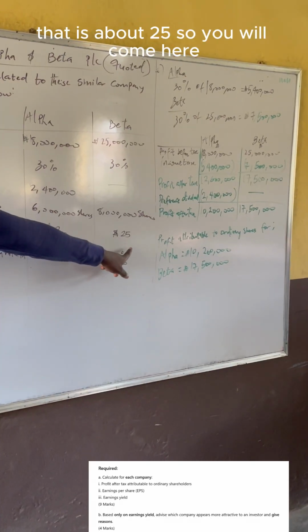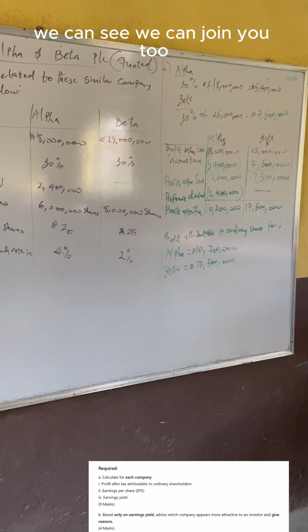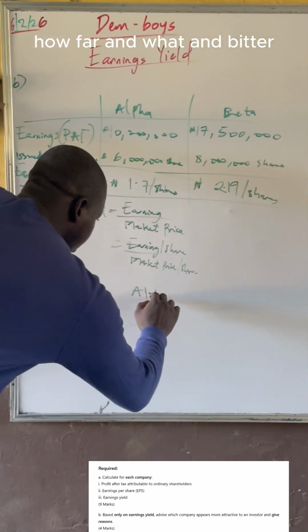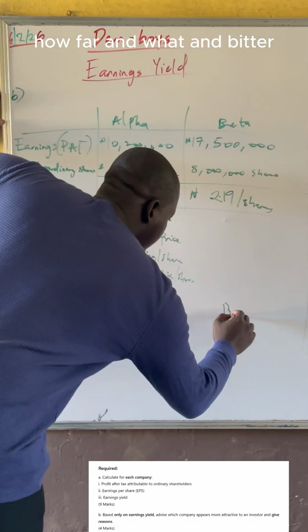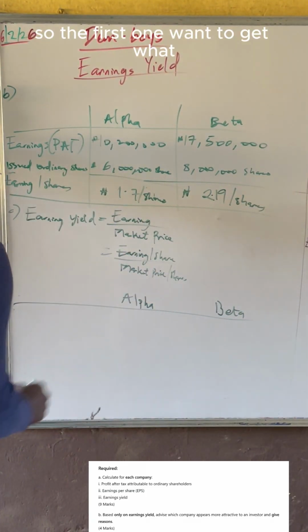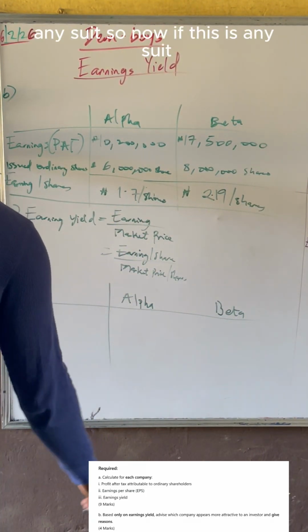And for beta it is 25. So we can draw a table for alpha and beta. We want to get earnings yield.